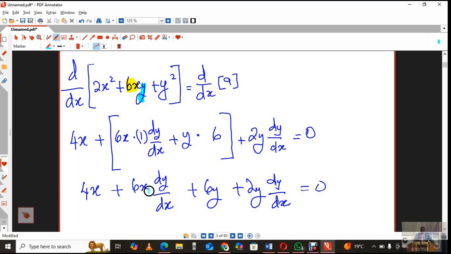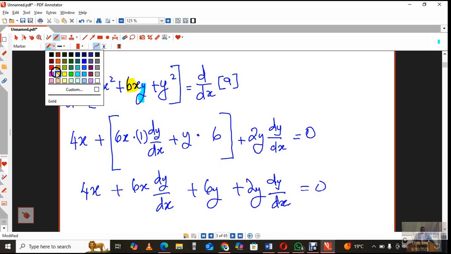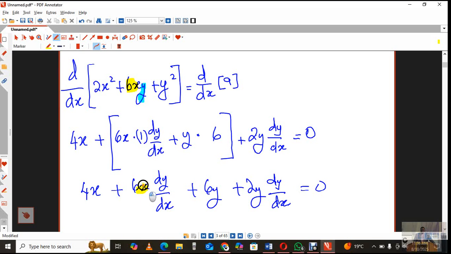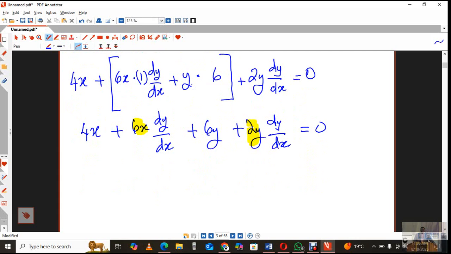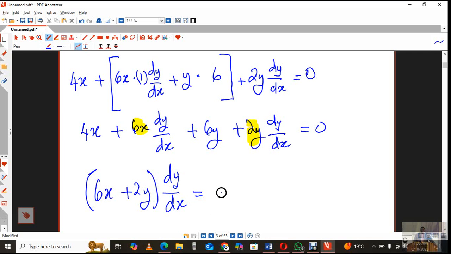Okay, so my terms that have got my dy dx are the 6x here and the 2y here, which are the terms that I'm going to group together. I can just take out dy dx and write it as 6x plus 2y times dy dx over here, and everything else moves to the other side of the equal sign, becomes minus 4x, and that 6y becomes minus 6y.